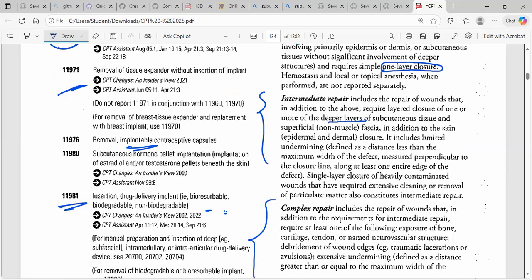Intermediate can apply even at one layer: if one layer has been closed but that requires cleaning, we also consider it an intermediate. We have this documentation here. Even if a single layer has been closed, but the wound is heavily contaminated and requires extensive cleaning, in that case also we are going to consider it an intermediate only.